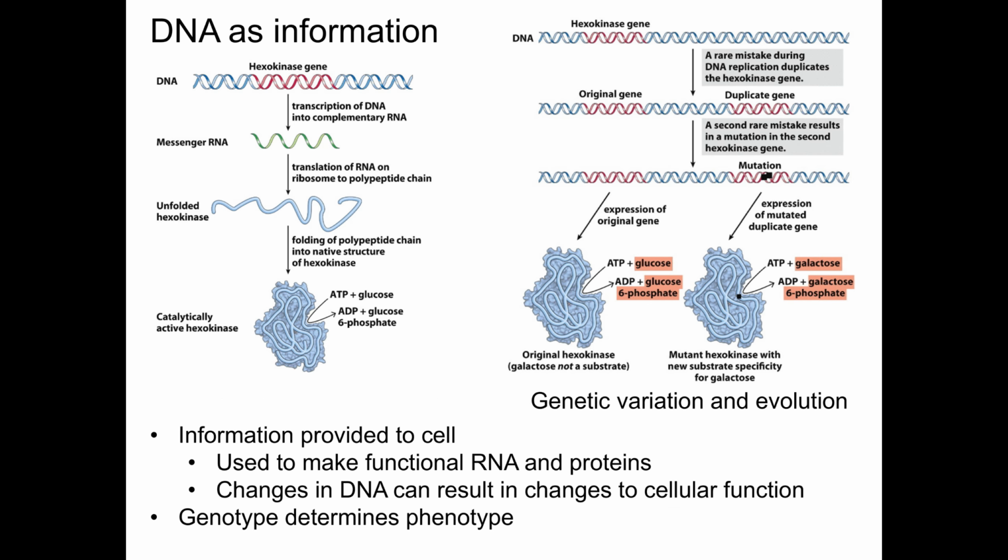DNA functions as a molecular information system for the cell. The sequence of nucleotides in DNA encodes instructions that guide cellular structure, activity, and behavior. This information is not used directly to perform cellular work; instead, it is interpreted and executed through RNA and proteins.